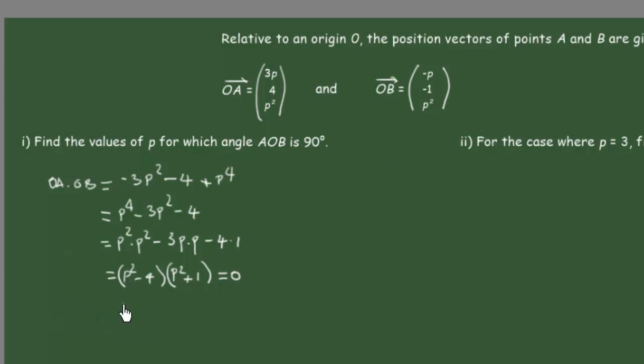If you have a product equal to 0, it definitely means that either p² minus 4 equals 0, or p² plus 1 equals 0. For the second one, we subtract 1 and this case is going to be impossible. And we still have the first one to work out.